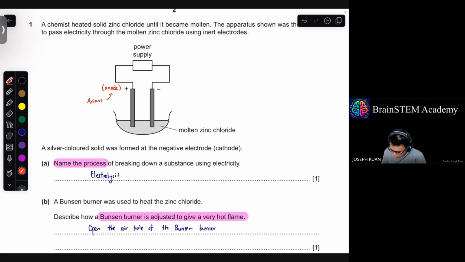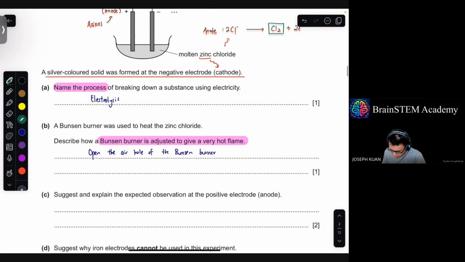Okay, so the zinc was already mentioned to get discharged at the cathode, so it will be the chloride that gets discharged at the anode. When chloride ions get discharged, essentially the charge is removed and that forms chlorine gas. All right, so the main point here is that chlorine gas is formed.